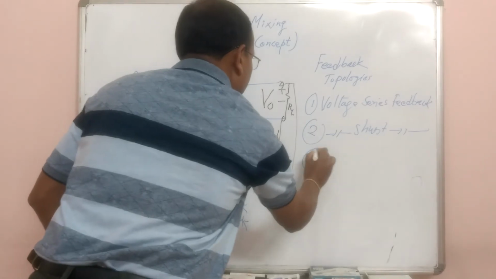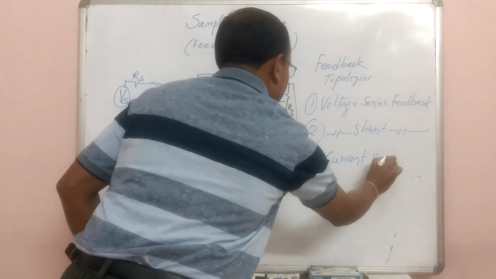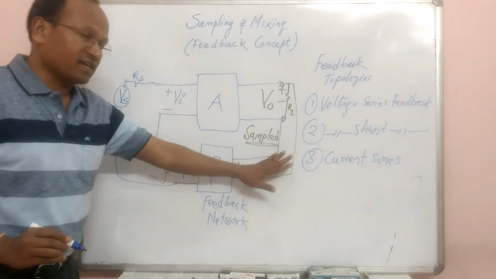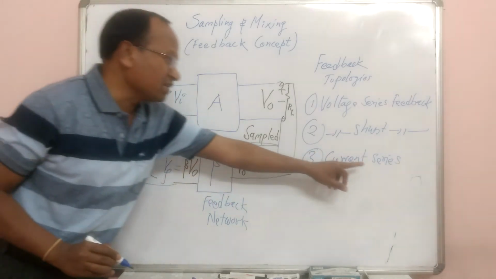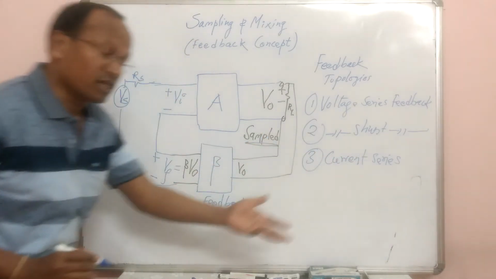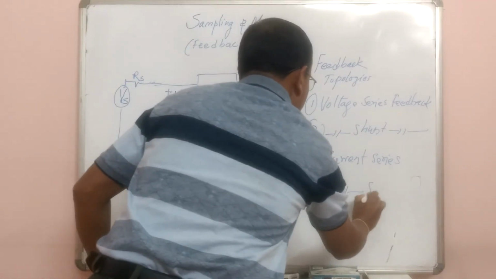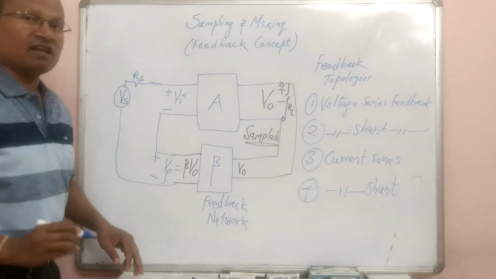The third topology will be current series. If the output signal which is sampled is current and mixing is done in series manner, the input signal in this case will be voltage. The last one will be current shunt, that is, the mixing will be in parallel manner.